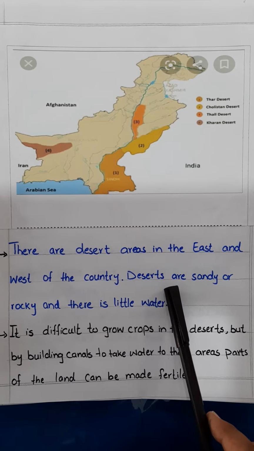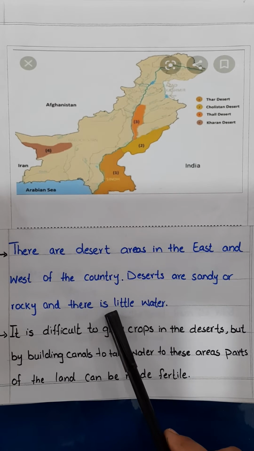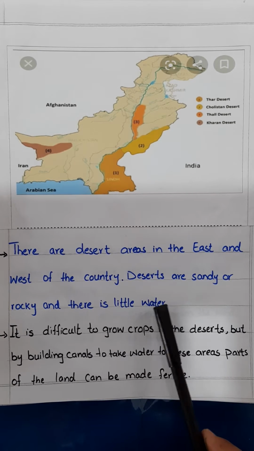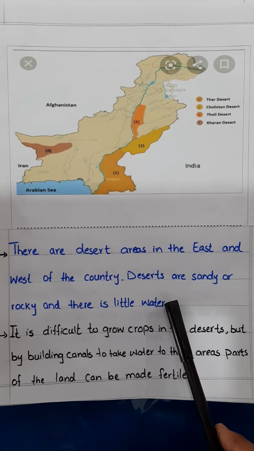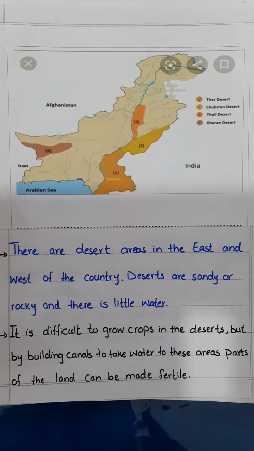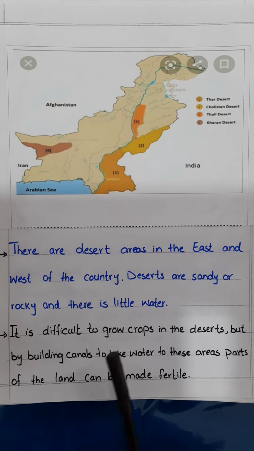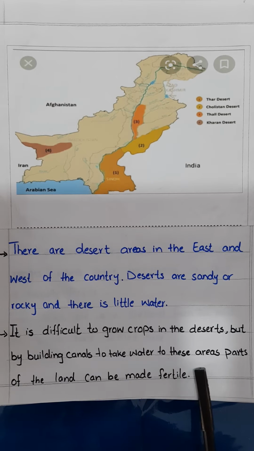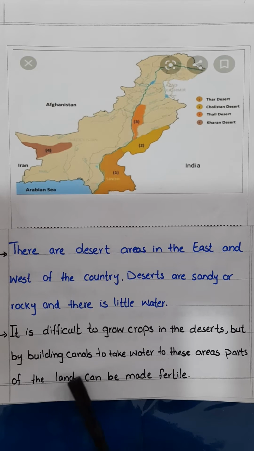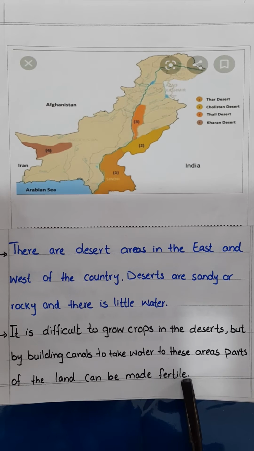What are deserts? Deserts are sandy or rocky, and there is little water. So this type of land is also not suitable for farming. It is difficult to grow crops in the deserts, but by building canals to take water to these areas, parts of the land can be made fertile.